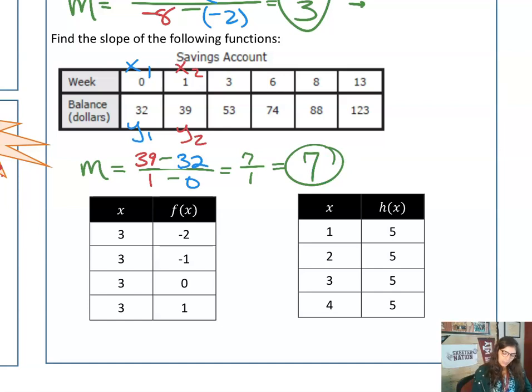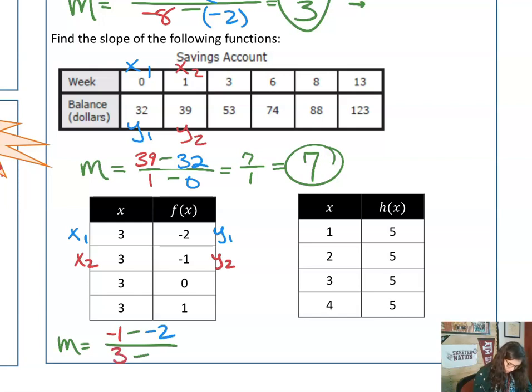Let's check out this next table together. So again, we label x1, y1, and x2, y2. It's just the first and the second x's and y's in my table. We fill in our formula. The slope is y2 minus y1 over x2 minus x1.